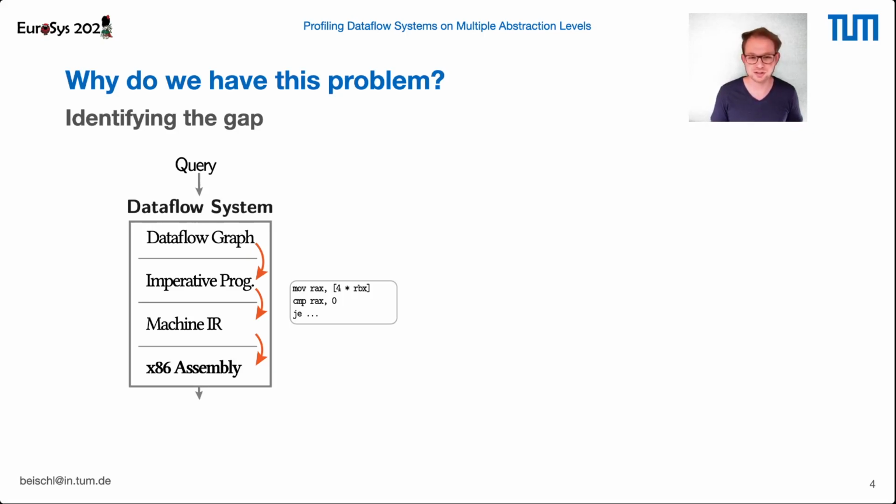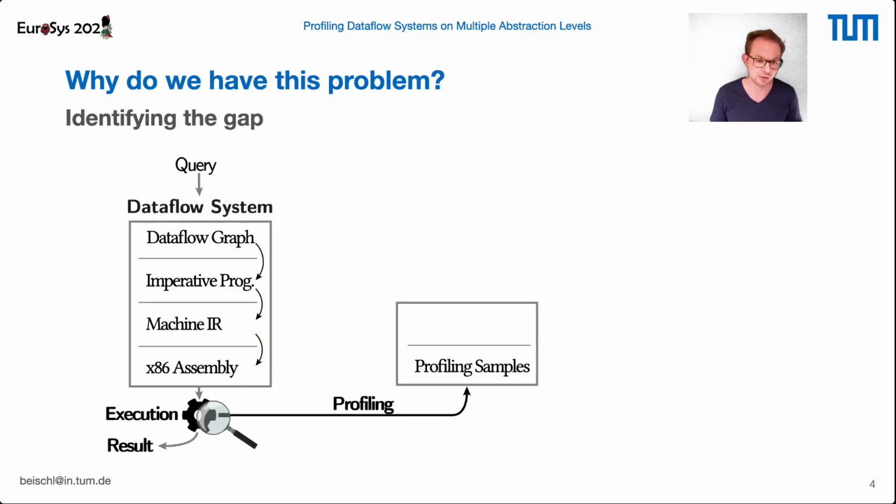In the last lowering step, we generate query-specific code optimized for the underlying hardware. Then we compile this generated code and execute it to actually run our query. Now, if we profile our query execution, the samples we get will actually contain results of our generated code, but not of the dataflow system.